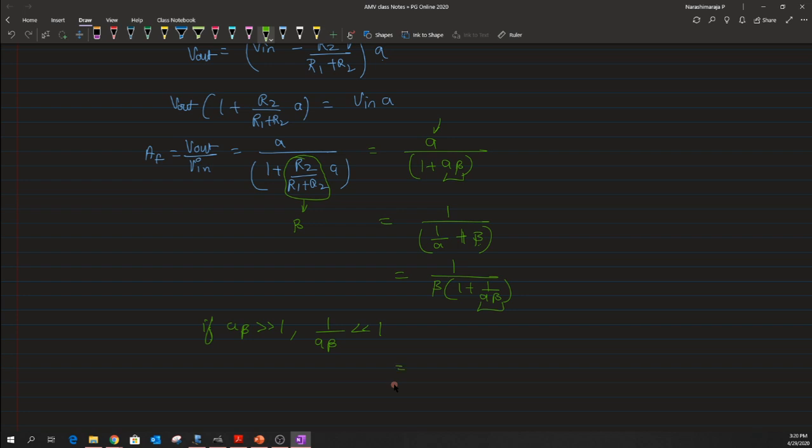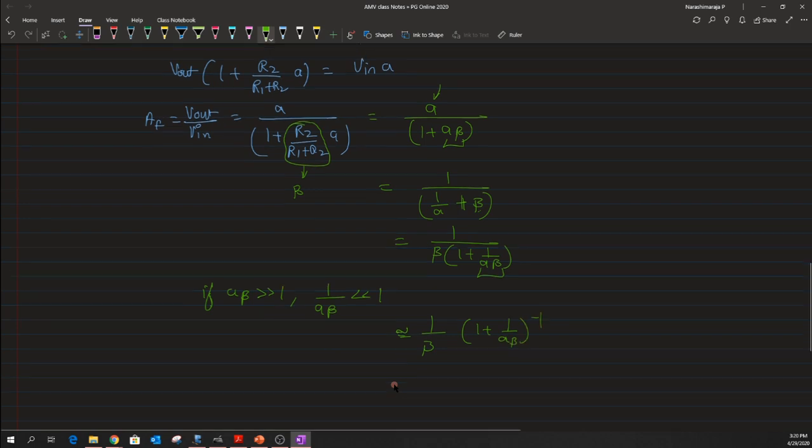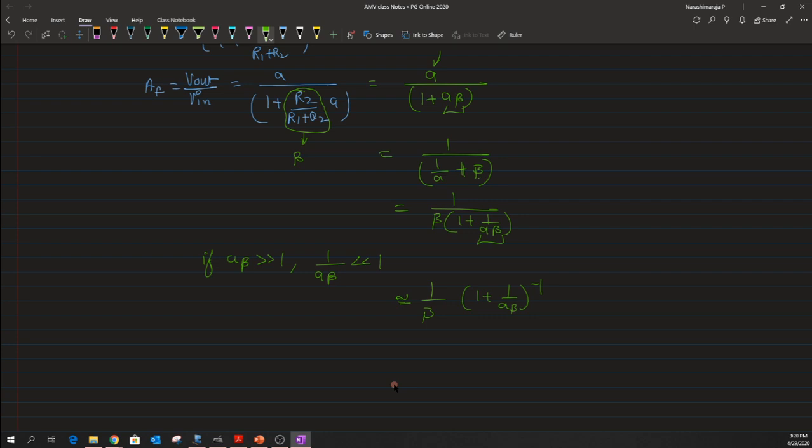And using this binomial series, one could approximate this quantity of 1 plus 1 by A beta with the root of power like negative 1, which can be approximated by taking only the very first few terms, ending up with a result in terms of A beta. I hope you are familiar with these kinds of approximations based on the power series.